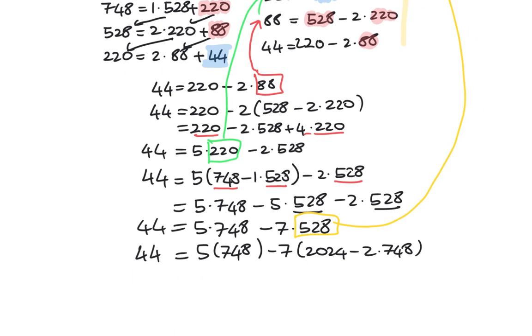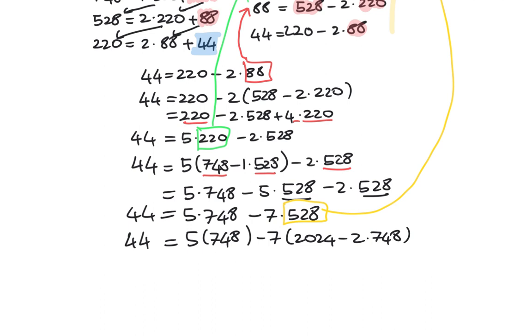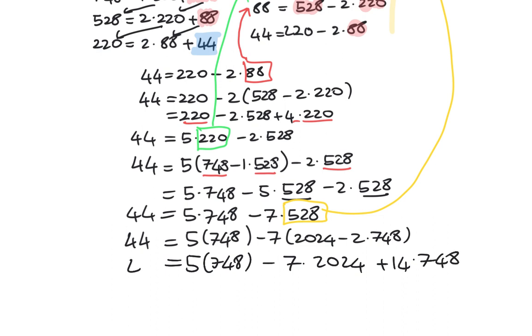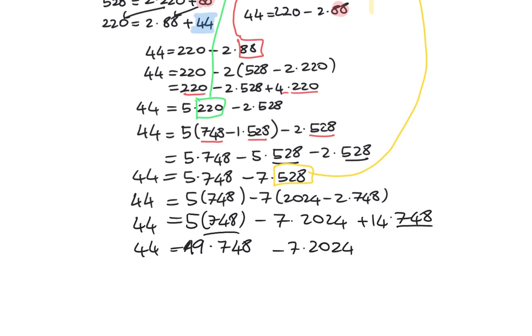Now 748 and 2024 are actually the numbers I was interested in, so I'm not going to multiply them out. I will just write minus 7 times 2024 plus 14 times 748. I will collect together the 748 that appears twice to get 19 times 748 minus 7 times 2024, and this will give us our solutions.